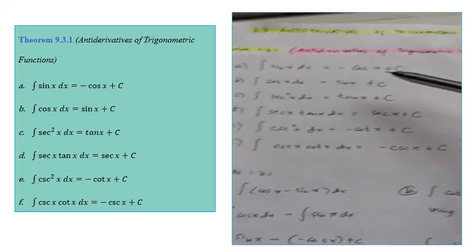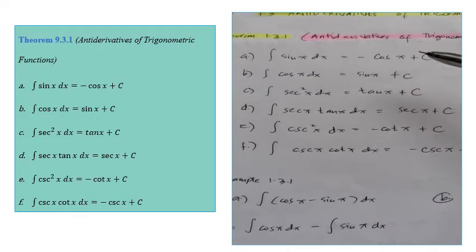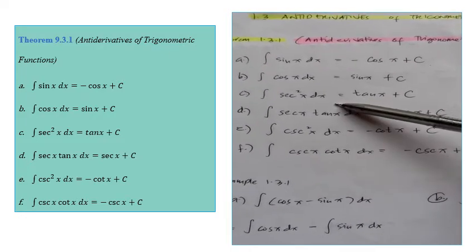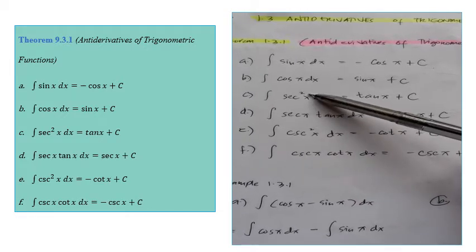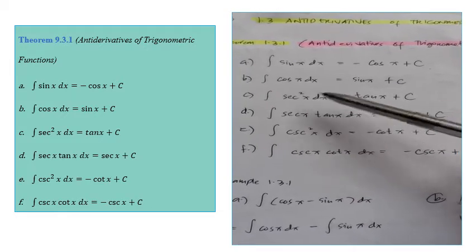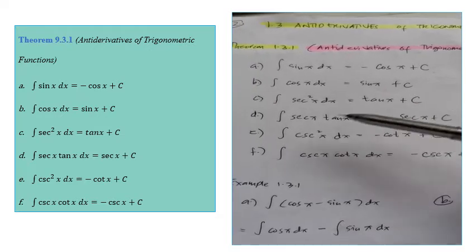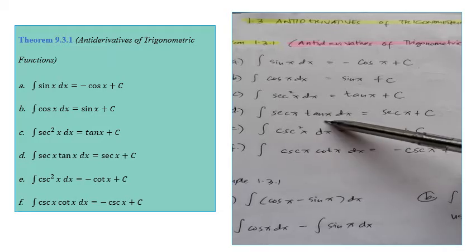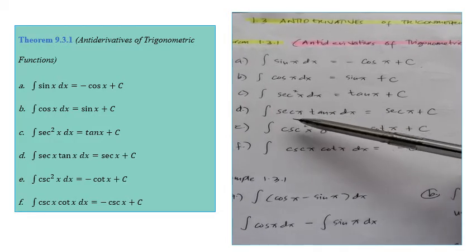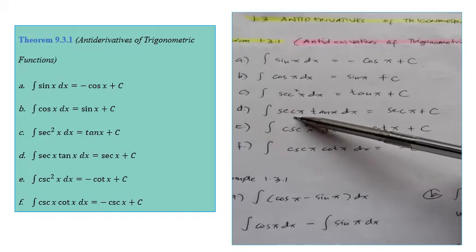Okay, and then kung ano yung integral ni cosine, ang integral niya is si sin x plus the constant c. Okay, the third one is the integral of secant squared x dx is equal to tangent x. Okay, secant squared ha, remember the exponent here. Secant squared, ang integral niya is si tangent. Ang integral naman is secant x, tangent x dx, or pwede natin itong mabaliktad as tangent x, secant x.